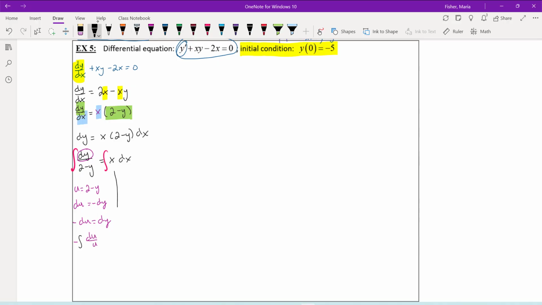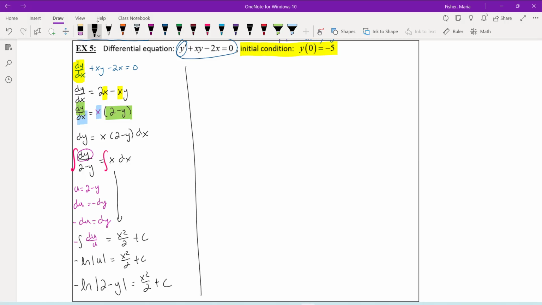And this guy here, if we integrate, that just integrates as x squared over 2 plus c. Integrating du over u, we get negative natural log of the absolute value of u is equal to x squared over 2 plus c. Get out of u's and go back into y's, and you get negative natural log of the absolute value of 2 minus y is equal to x squared over 2 plus c.